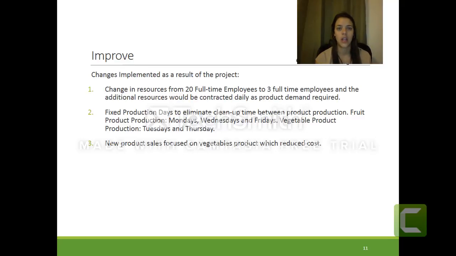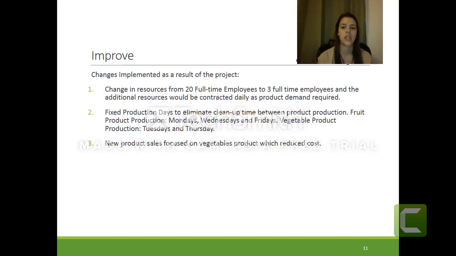So with all of this information that we gathered in the analysis, the drastic change that was implemented as a result of the project was to change our resource types from 20 full-time employees to 3 full-time employees, and the additional resources required would be contracted daily as the product demand changed from day to day.